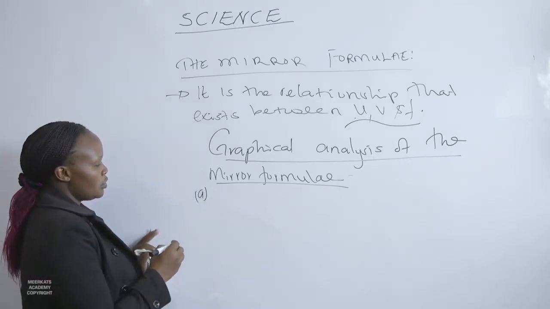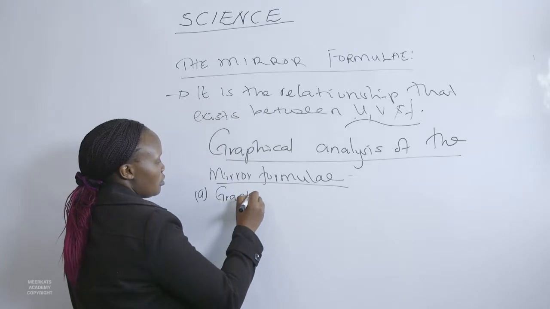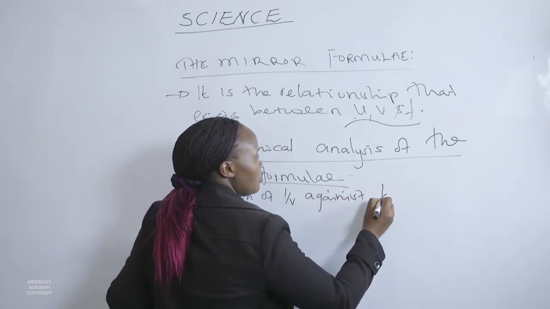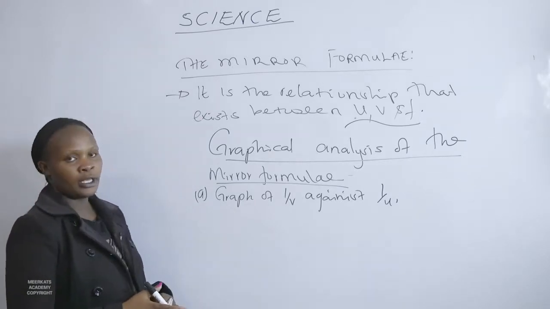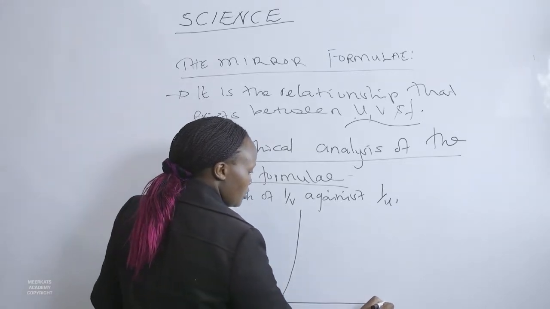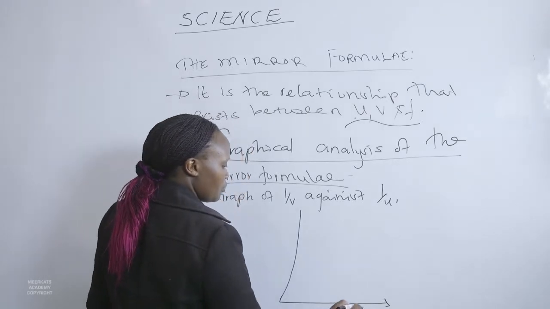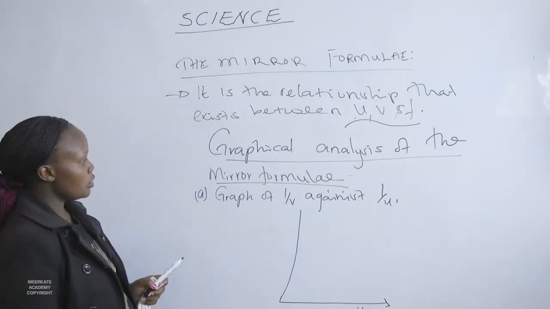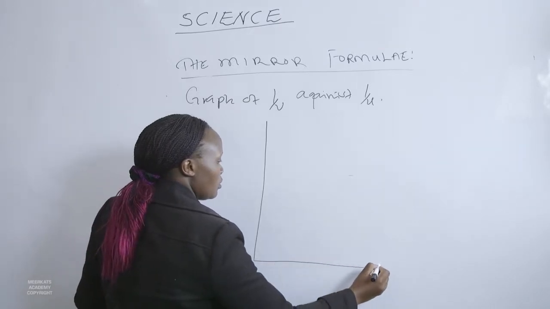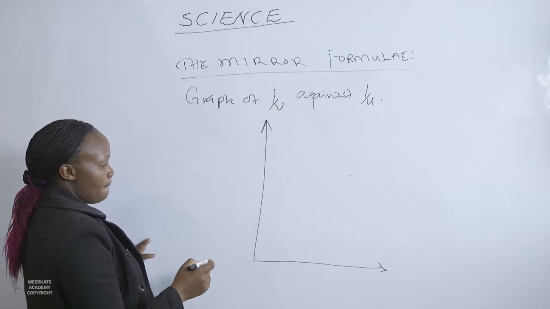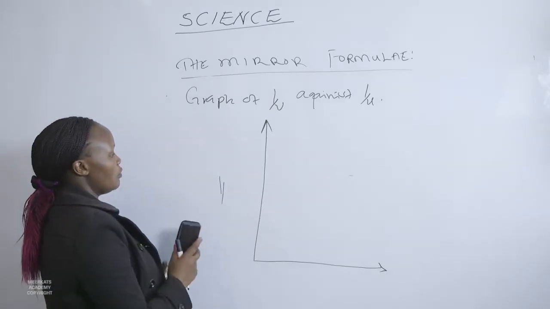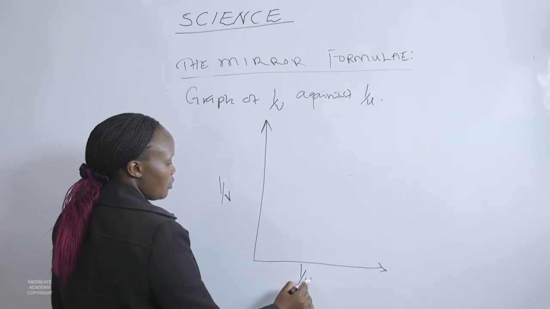For example, let us draw a graph of 1 over v against 1 over u, so that on the y-axis we have 1 over v, on the x-axis we have 1 over u.